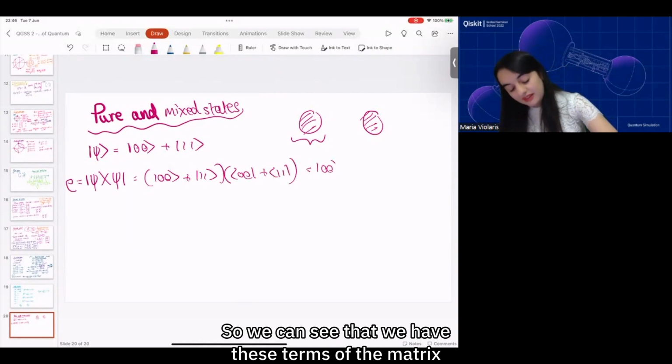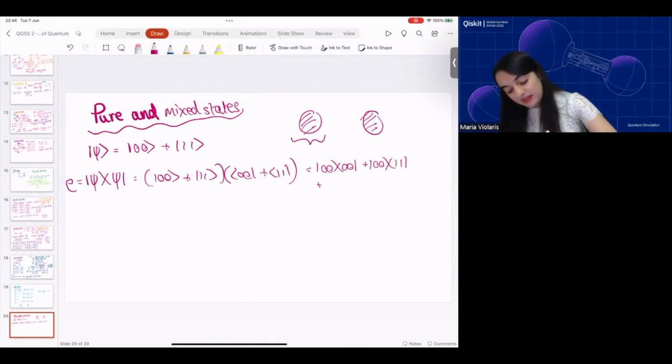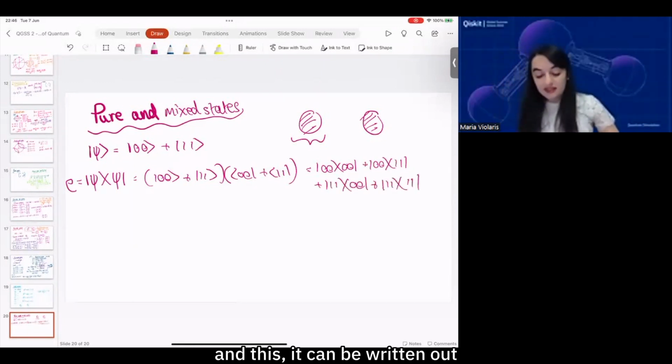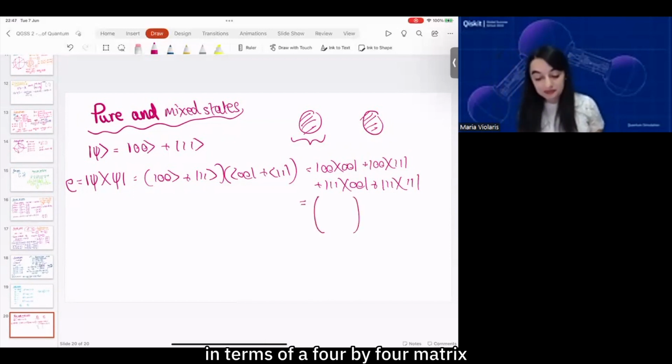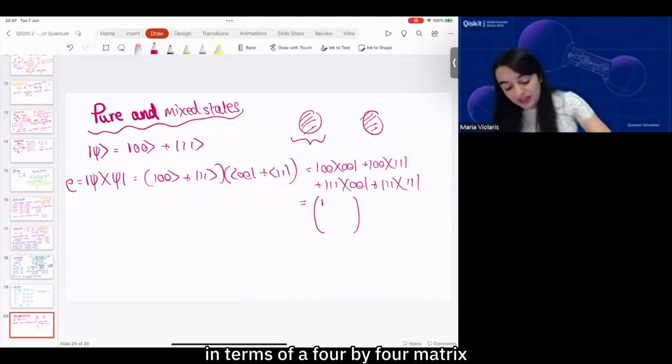So we can see that we have these terms of the matrix, and this can be written out in terms of a 4x4 matrix where we have ones in the corners.